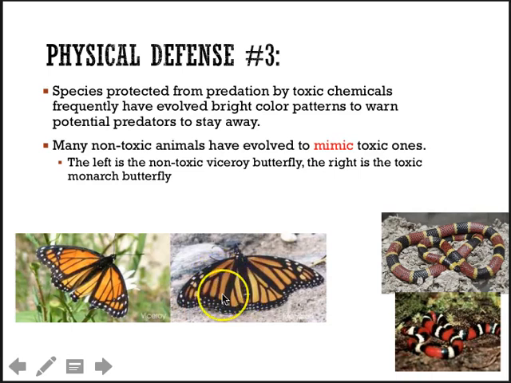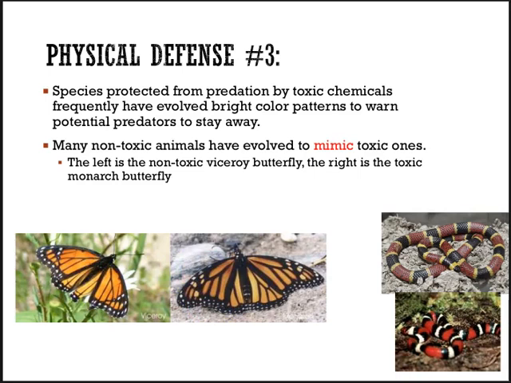The monarch butterfly has a chemical defense. The viceroy butterfly does not have nearly as effective a chemical defense. And so, anywhere where you find monarchs, if there's an overlap of territory, you see this viceroy looking very, very similar. So the viceroy has evolved to look like the monarch.